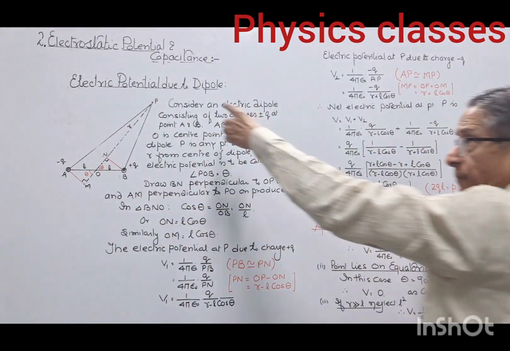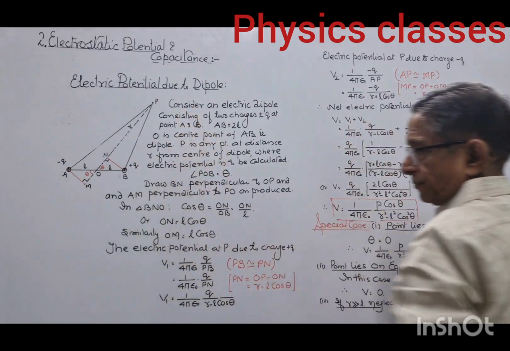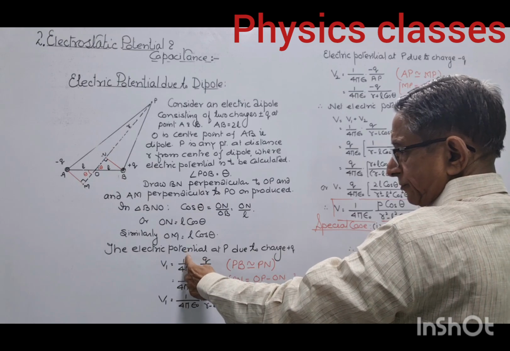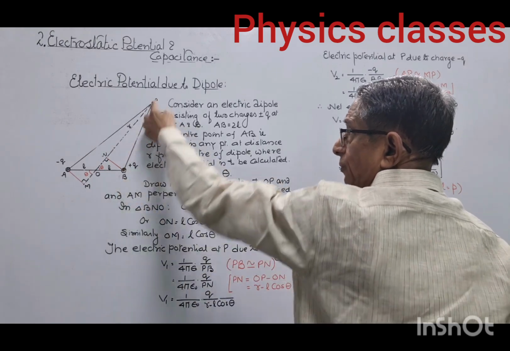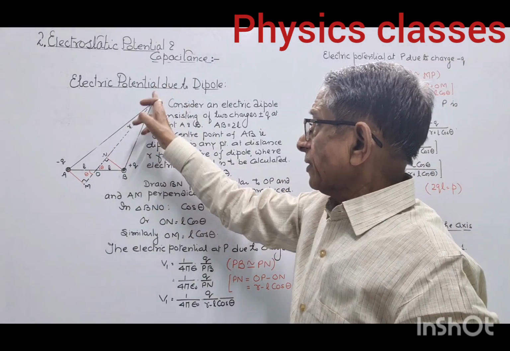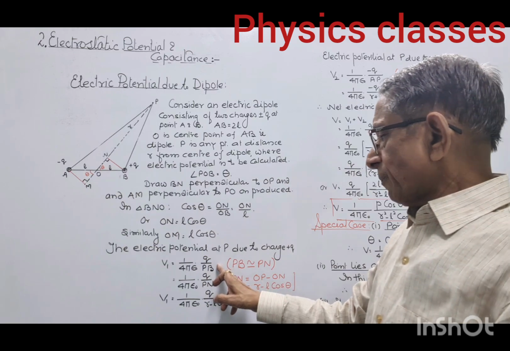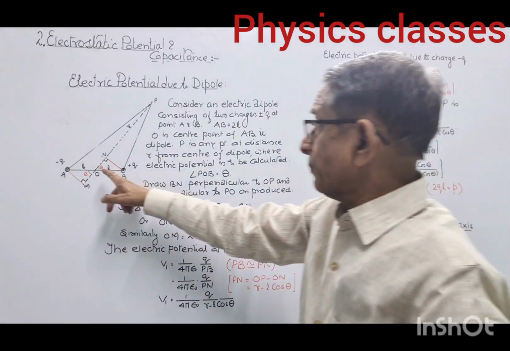Now, electric potential at the point P due to charge plus q is V1 equal to 1 upon 4 pi epsilon naught, charge upon distance, that is BP. BP is approximately equal to NP. Therefore, I can replace BP by PN. And already you know what PN is.